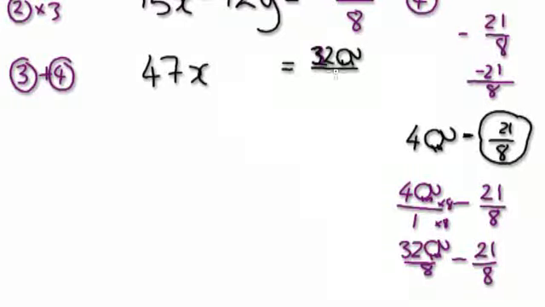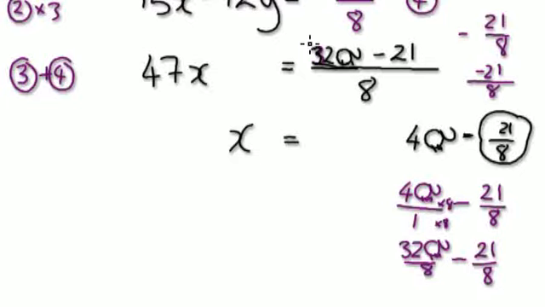It will become 32 elephants take away 21 over 8. Now you've got 47x that equals whatever this is. Now divide both sides by 47.